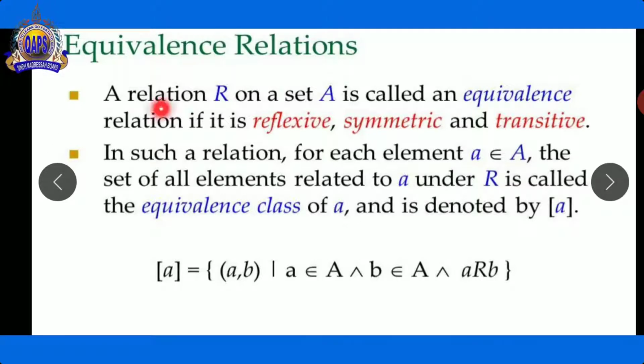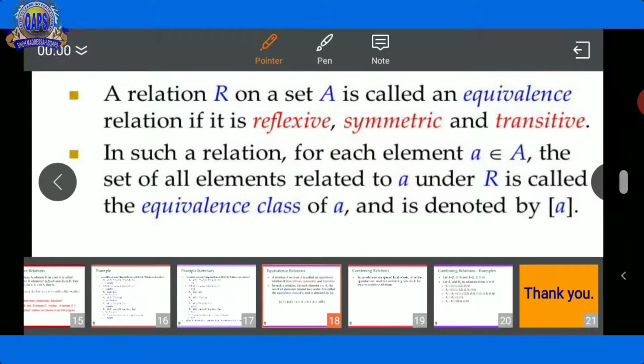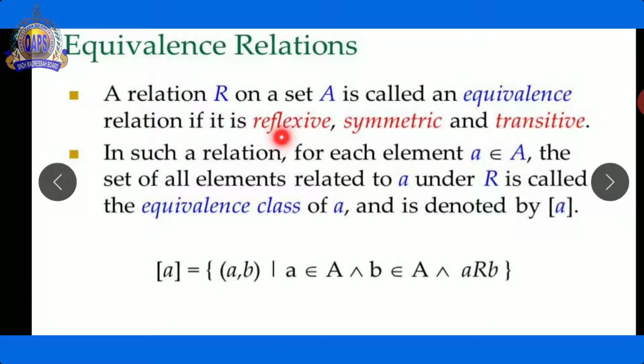Now see here a relation R. The definition of an equivalence relation is that a relation R on a set A is called an equivalence relation if it is reflexive, symmetric and transitive.